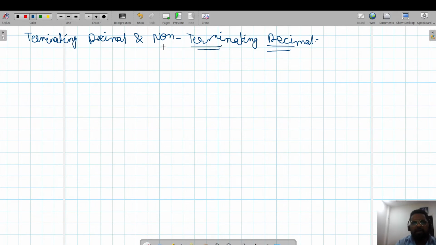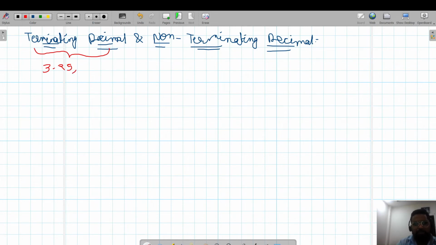We can just write it like this, 2.567. Whenever I put this point, it is a decimal number. This 3.25 is also a decimal number. I am explaining the decimal first.